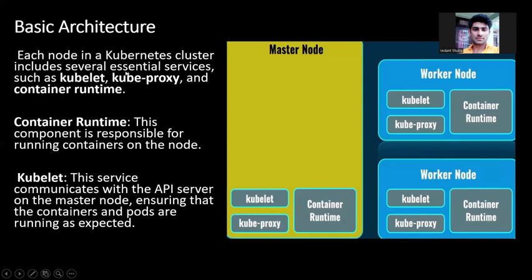So, basic architecture. This picture clearly defines how the nodes are arranged. Here is a Kubernetes cluster where my cursor is moving, and inside that a master node, a worker node, and a worker node here also.